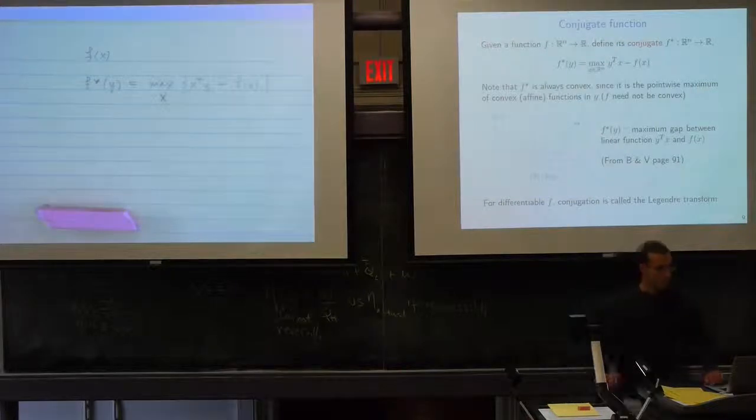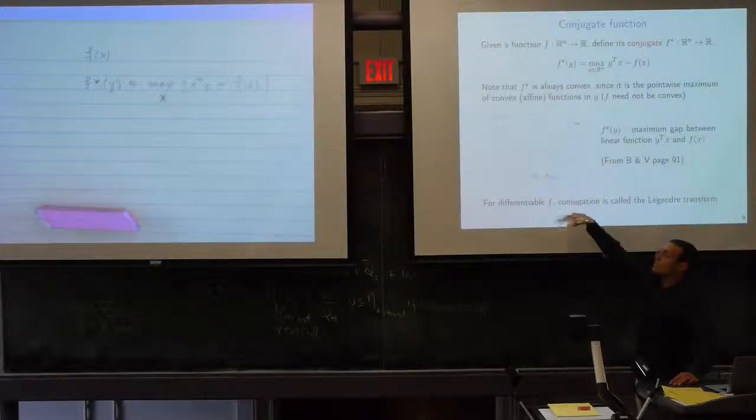Here is the nice picture from your textbook: the maximum discrepancy between the linear function y transpose x and our function over all possible points x.